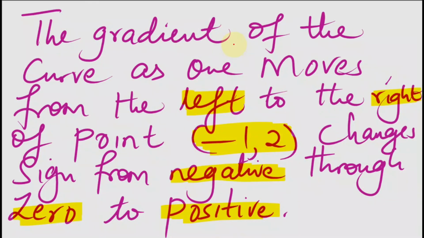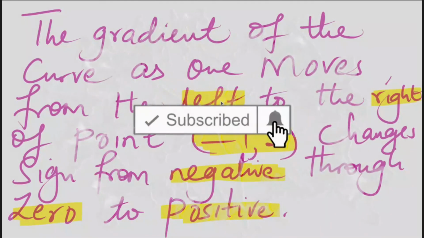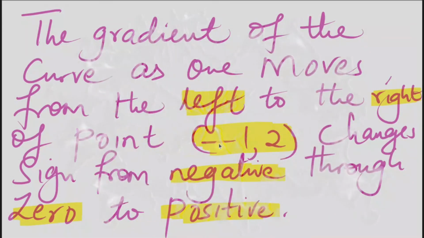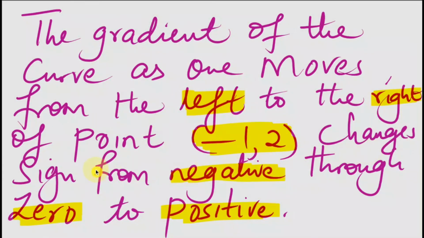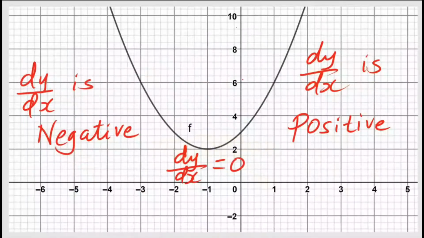Now something else very important to note is that the gradient of the curve, as one moves from the left to the right of the point (-1, 2), changes sign from negative through 0 to positive. This is what we mean. Go to the curve. Here we have the point (-1, 2).